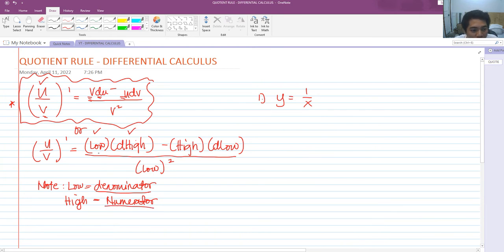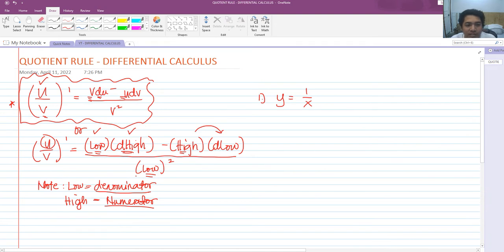So we have low multiplied by the derivative of high, which is the derivative of the numerator u, minus high, that means the numerator, multiplied by d low, the derivative of the denominator, all over low squared. So low d high minus high d low all over low squared.